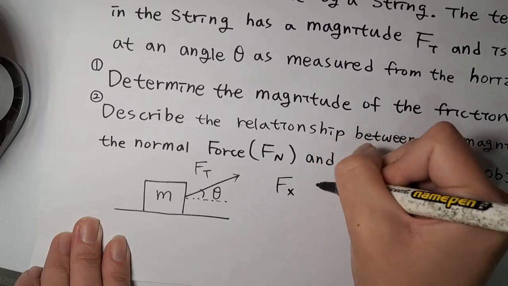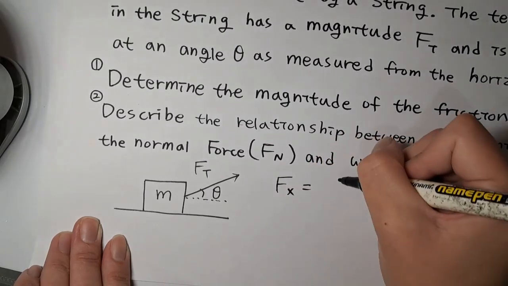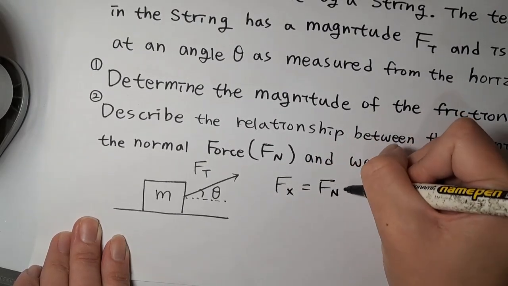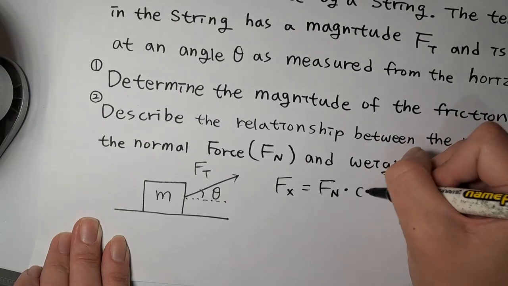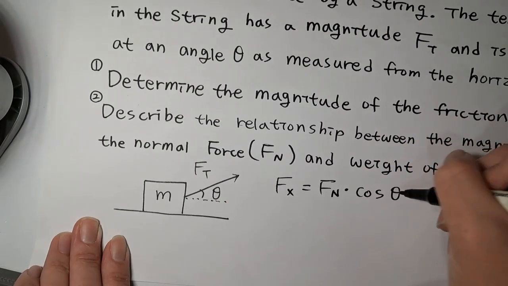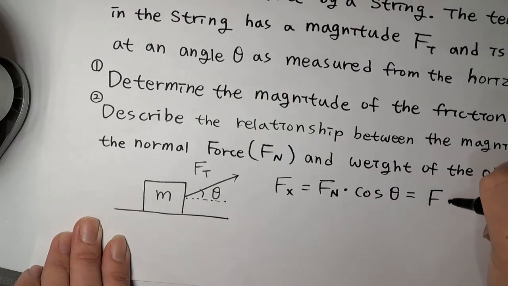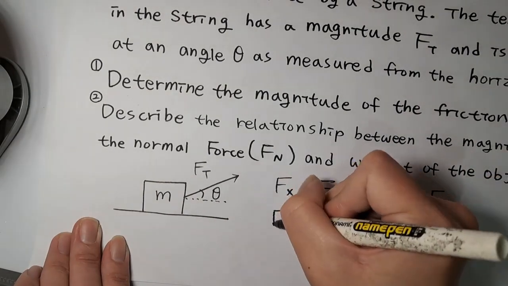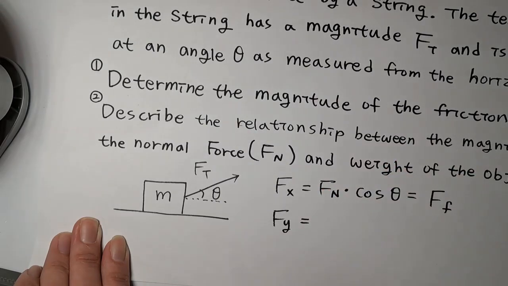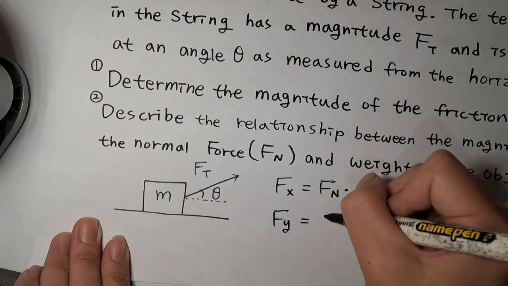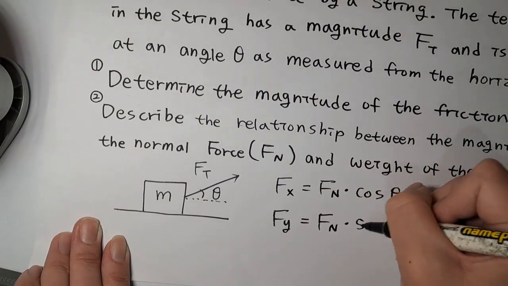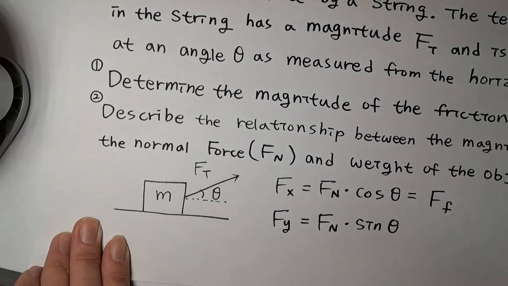The force in the x direction is going to be tension multiplying cosine theta, and this is equal to the friction force, and the force in the y direction, and we can find this equation.